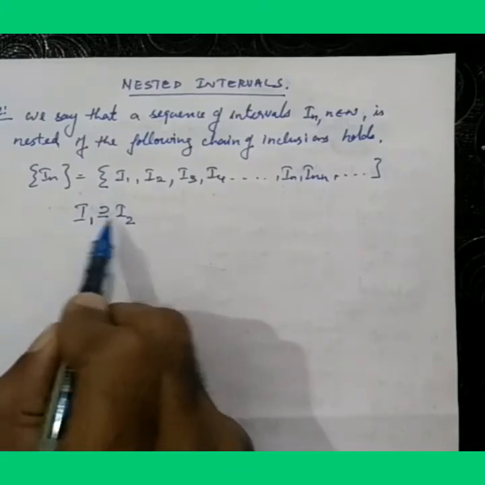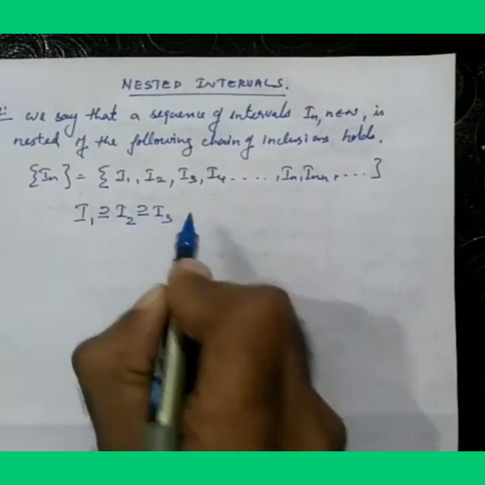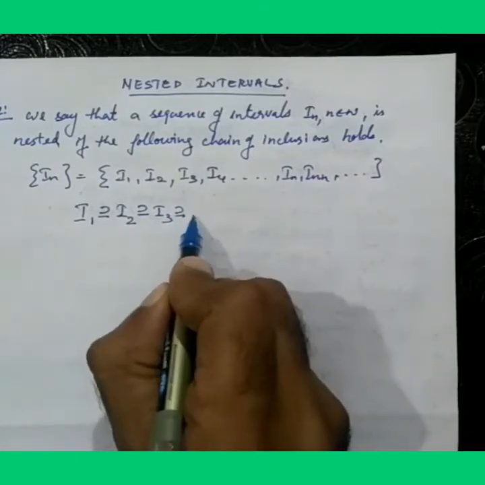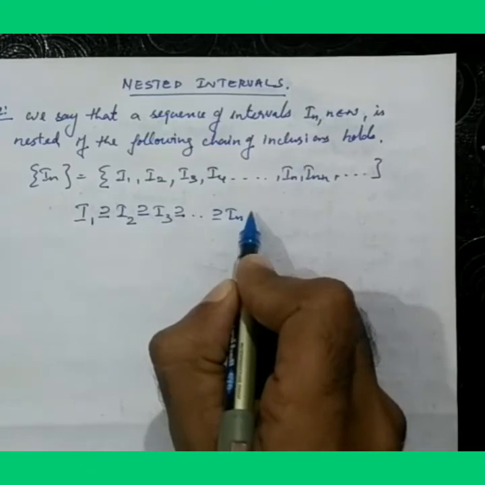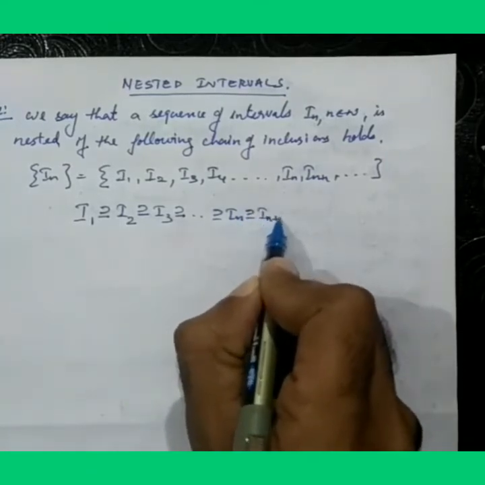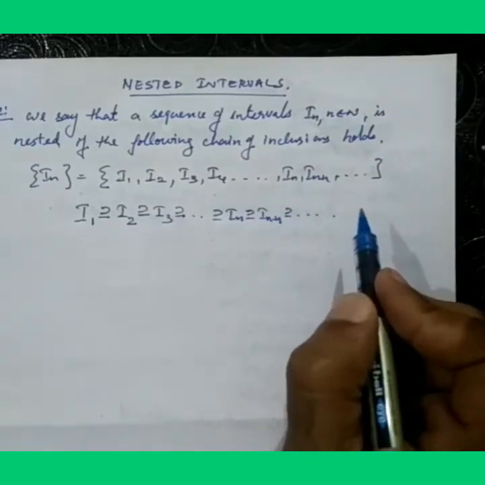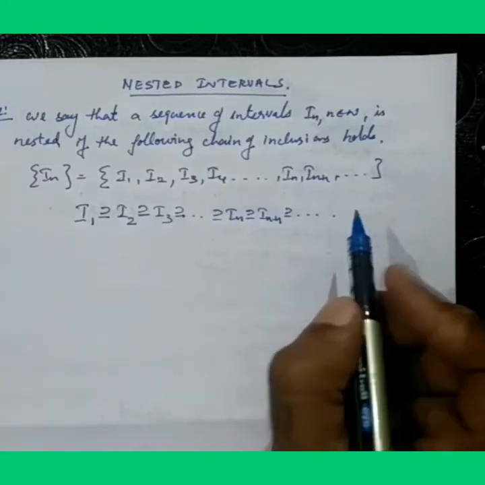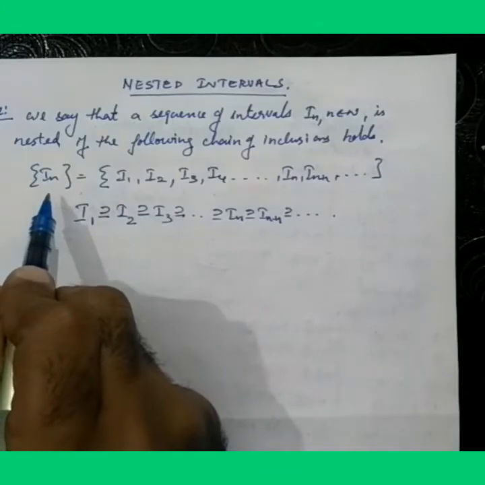So I1 will contain I2, and I2 will contain or equal I3. And this process will go on and on. So the nth interval will be containing the (n+1)th interval, etc.